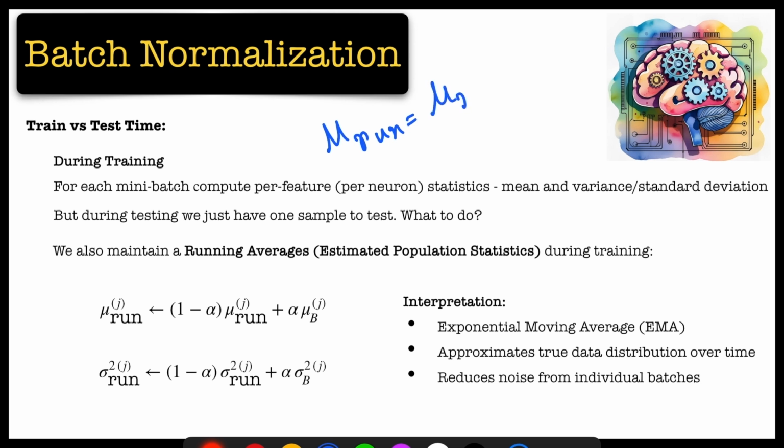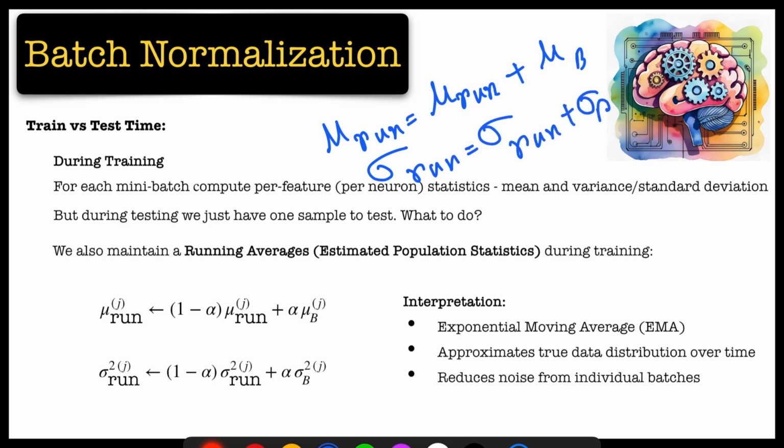If we just take a running sum, sigma run will be sigma run plus sigma beta, or you can take the squares as well. So this is the running sum, but we take a running average, and that's why we use a convex combination.